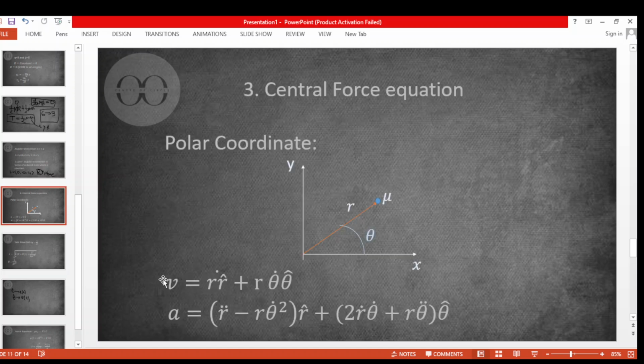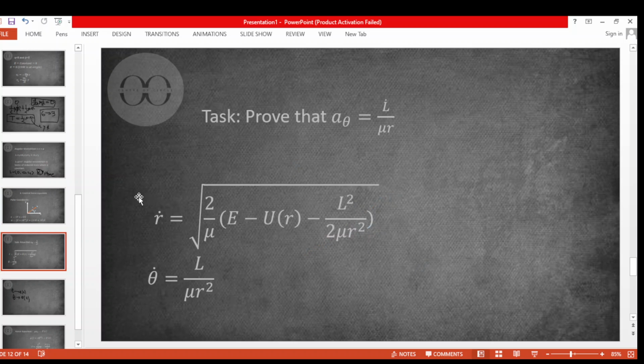After substituting the velocity in polar coordinates in our kinetic energy equation, which is half mu v square, we find our total energy, which is half mu v square plus our unknown potential U of r. We do some basic algebra and we solve for r dot, which equals this, and theta dot equals this. These are two differential equations.